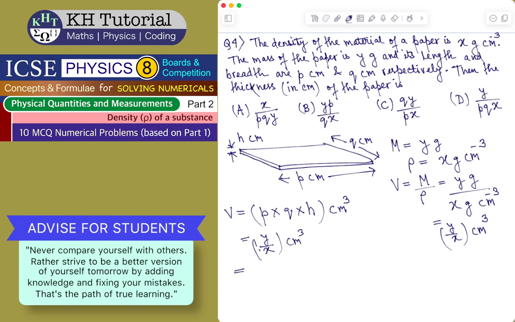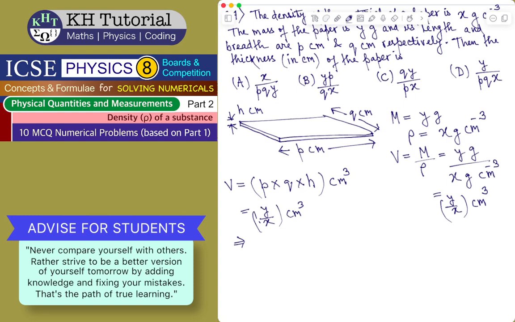So p q h is equal to y by x, which implies h is equal to y divided by x p q centimeter. So the thickness of the paper is y by xpq, and choice D is the correct choice.